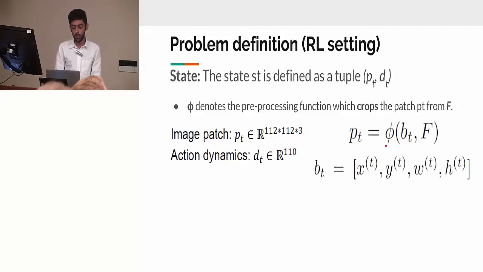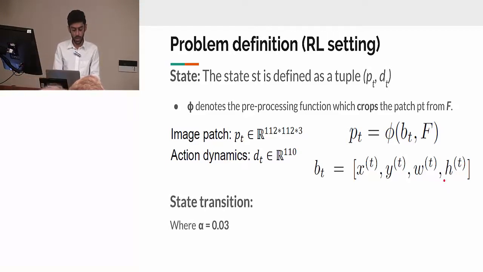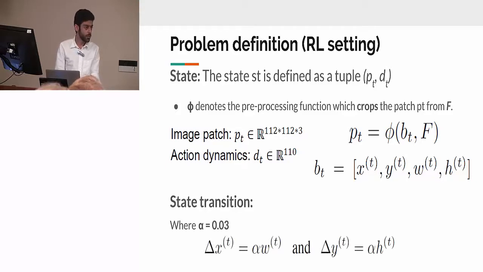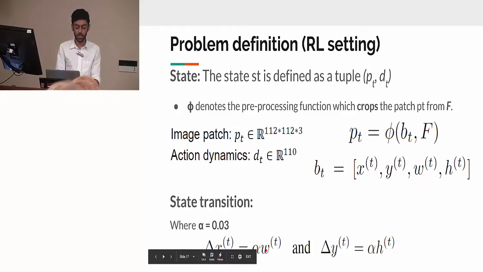Phi here is nothing but the pre-processing function that crops the patch from the frame F. x and y are the location of the center of the patch, and w and h are the width and height of that patch. For transitions, every movement or scaling down or scaling up is done by 3% of the size of width and height. So it's relative.